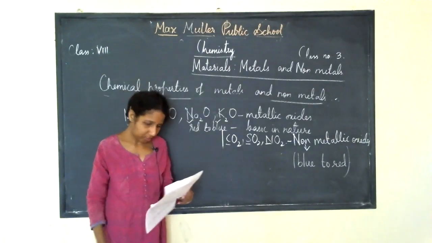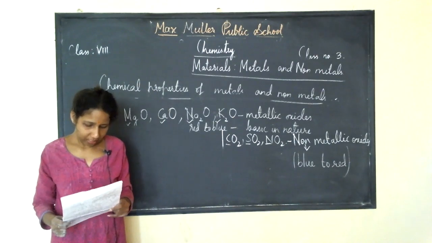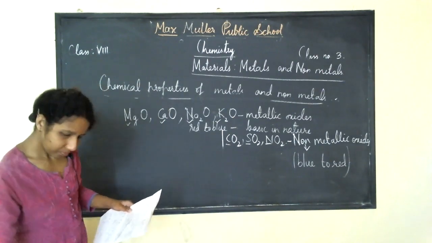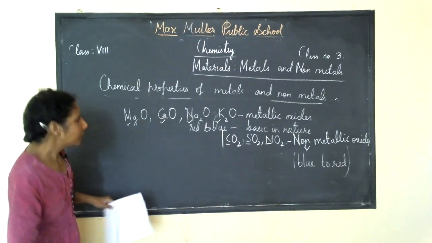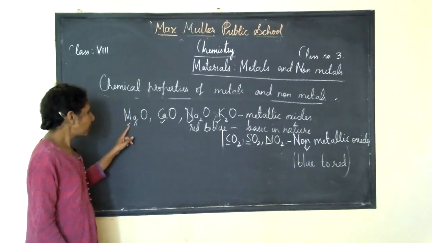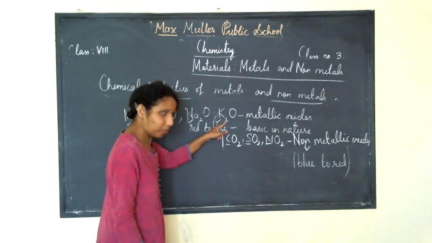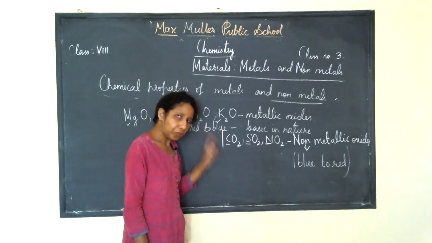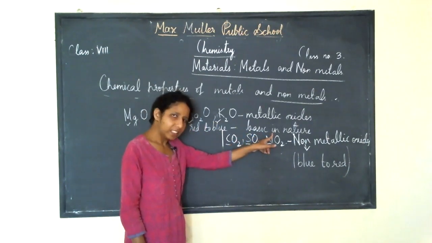Now next. Why is sodium metal stored in kerosene? Always remember, metallic oxides such as magnesium oxide, calcium oxide, sodium oxide and potassium oxide turn red litmus blue, indicating they are basic in nature.